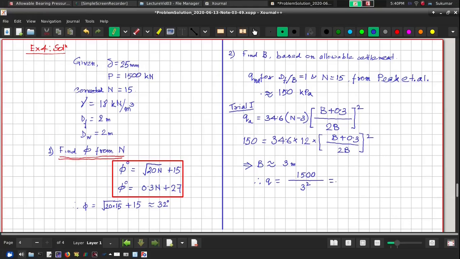And this gives me how much? This gives me 166.66. So this value is greater than what we have got earlier, 150 kilopascal. So our foundation will not be safe.